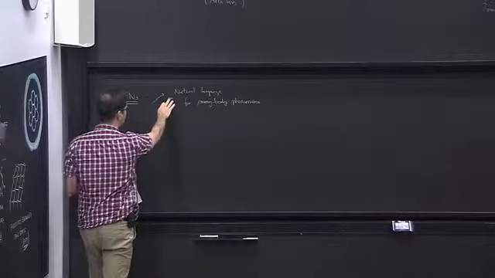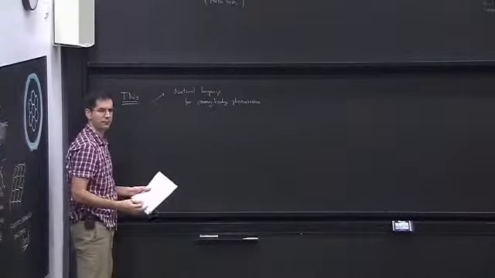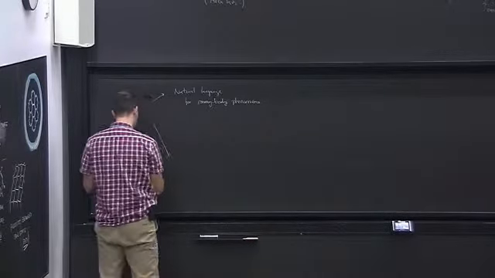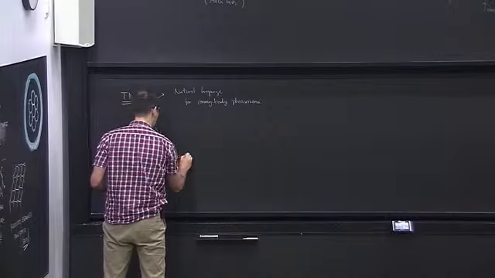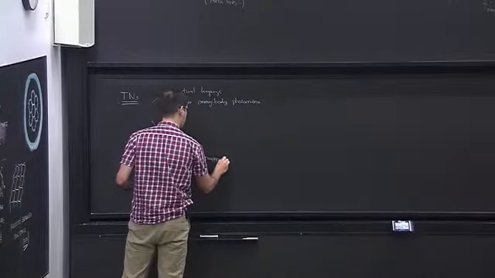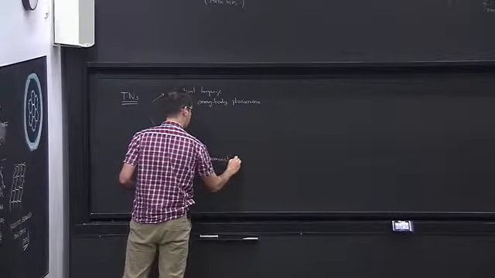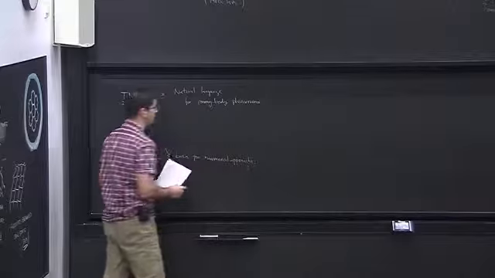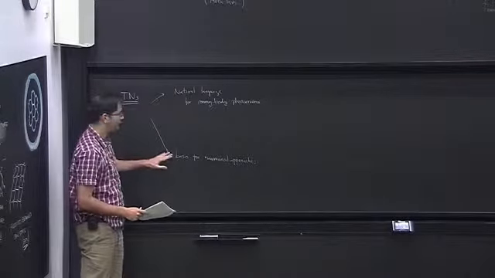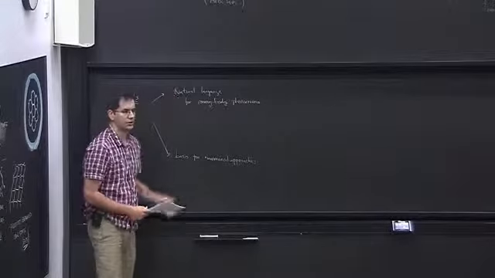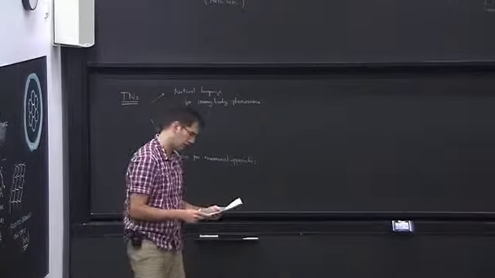On the one hand, I'll argue that it's a natural formalism to be using there. And on the other hand, I'll mention that this is the basis for numerical approaches. I want to make clear that tensor networks are not just something you do with numerics, but also a natural way of talking about many-body states.